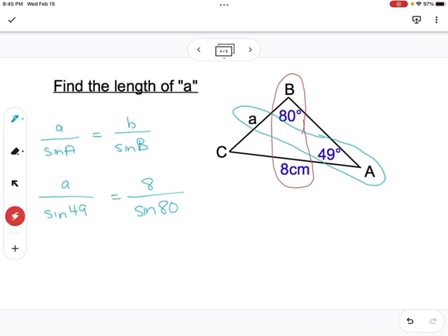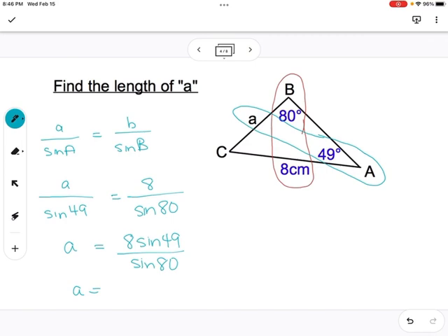Now our goal is to get side A by itself, meaning we want to move the divide by sine 49 to the other side. The opposite of divide is multiply, so we bring it over and multiply. So we get side A is equal to 8 times sine 49 over sine 80.